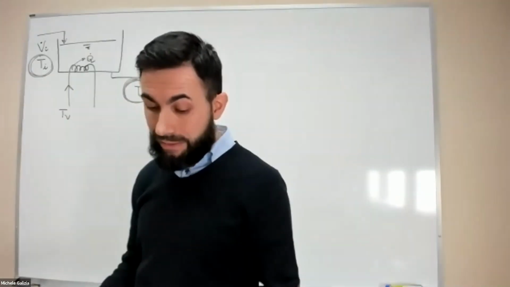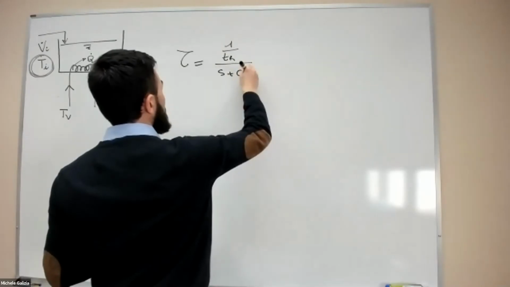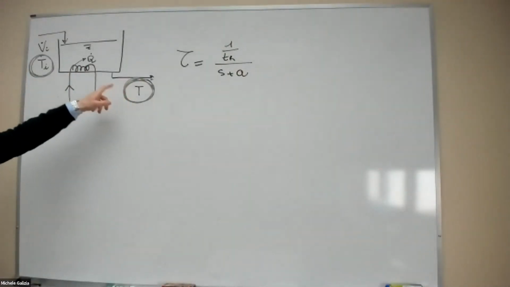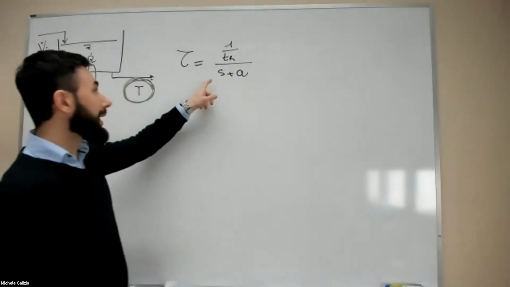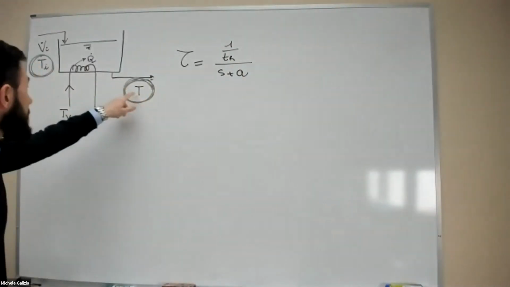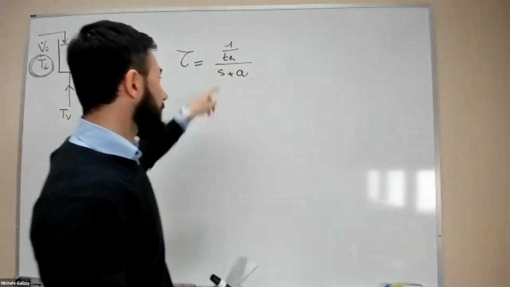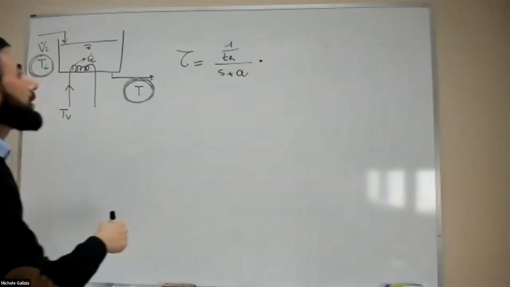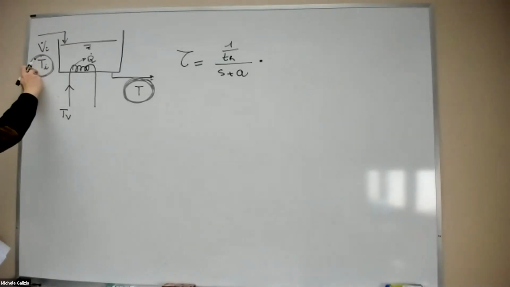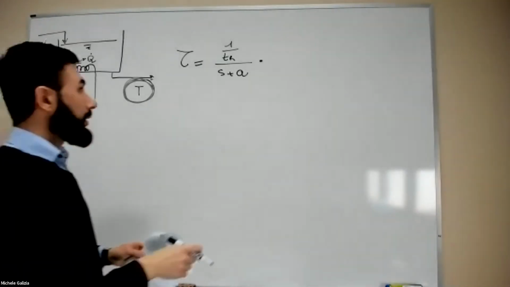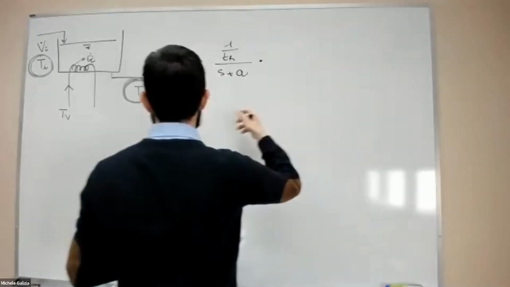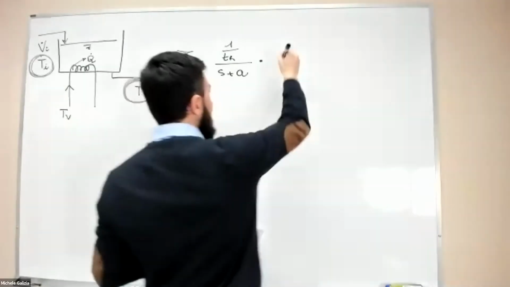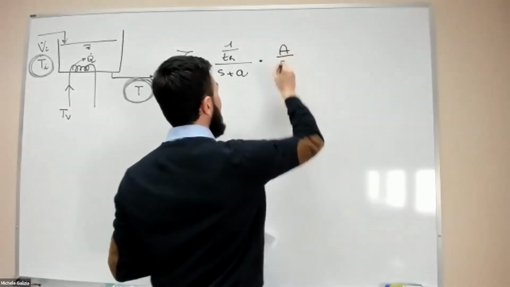So the response in the temperature will be the transfer function that relates T to Ti, this one, times the Laplace transform of the disturbance, which is a step of amplitude A. So it will be A over S.